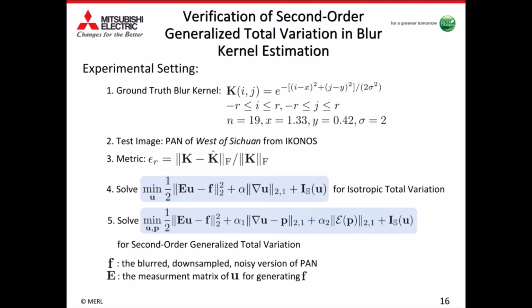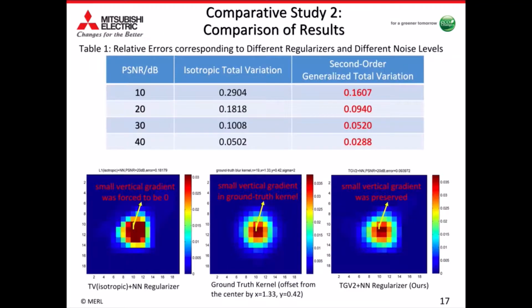We easily find that under multiple noise levels, our relative error is significantly smaller than that from isotropic total variation. The images show that when the noise level corresponds to 20 dB, second-order generalized total variation can generate a very close approximation to the ground truth Gaussian blur kernel.